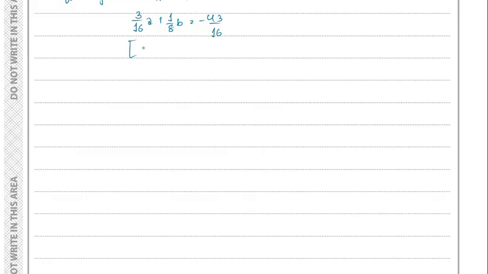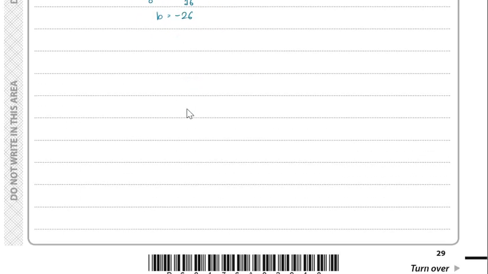So we know a to be 3, plus 1 by 8b, minus 43 by 16. This is a very simple calculation. So 1 by 8b minus 43 by 16, and this is plus 9 by 16. If you take it to the right hand side of the equation, that would be minus 9 by 16. So 1 by 8b would be minus 52 by 16, and b would be equal to minus 26.